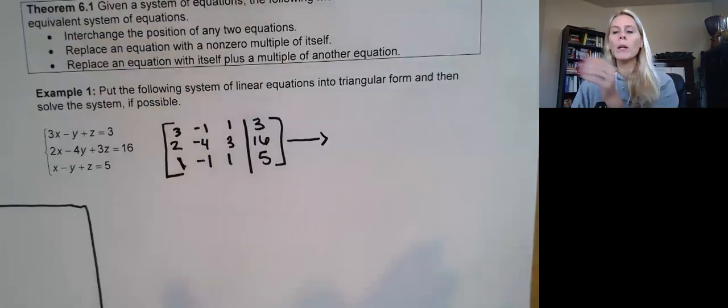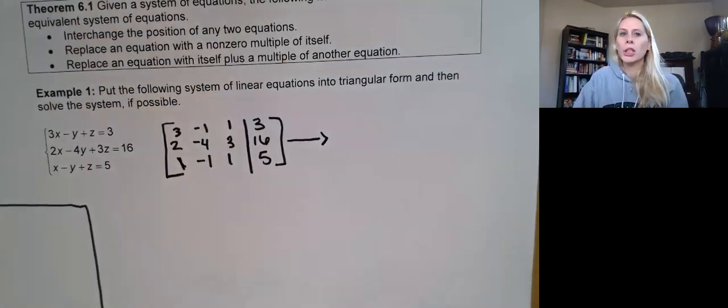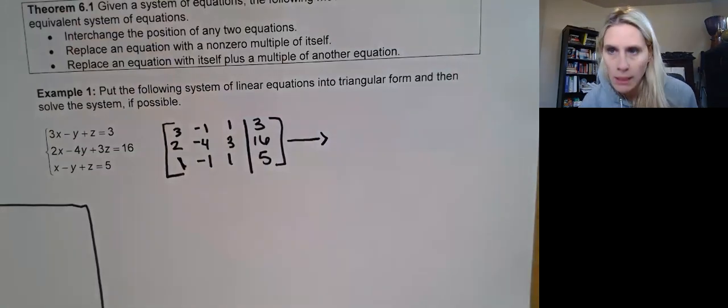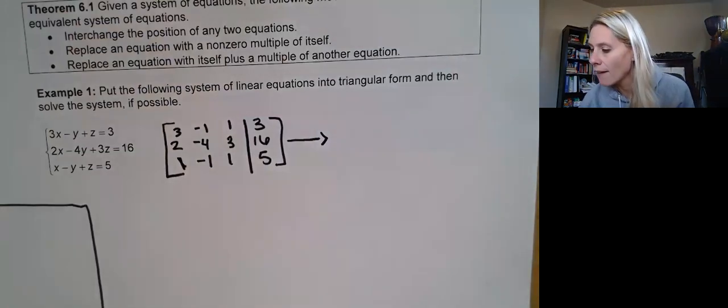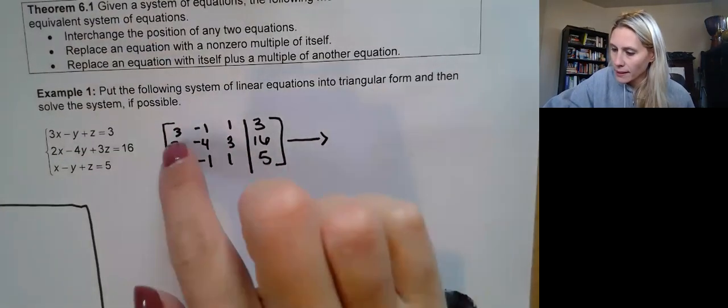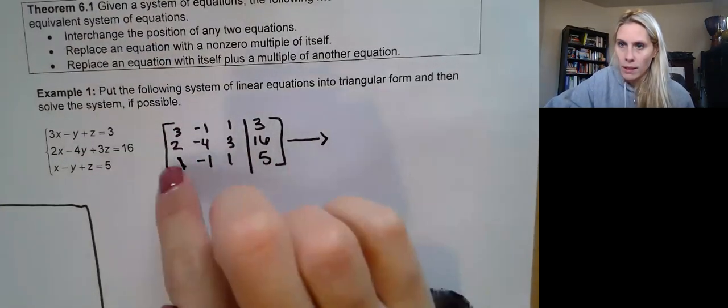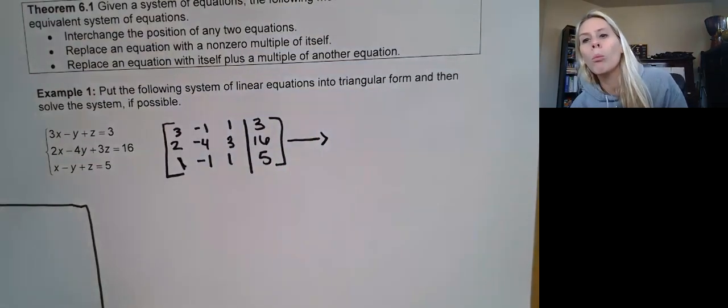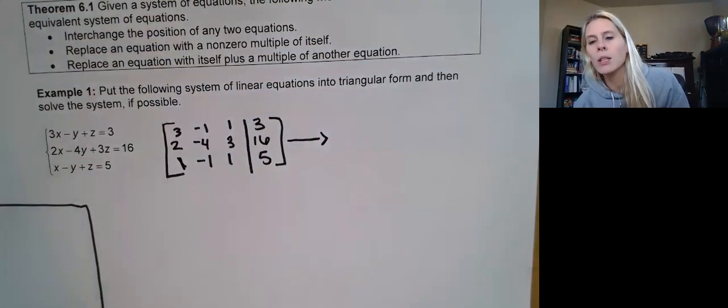Okay, I'm hoping I didn't make my space too little, but we'll see how this goes. So remember, one of the things that we can do is interchange the position of two equations. Now remember, our goal was to have ones in the diagonal position and zeros in this corner, right? Well, one of the things that helps you with this is always start with the top. So see how we have 3 there?